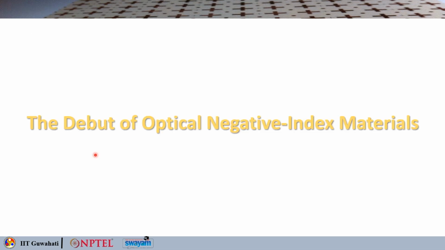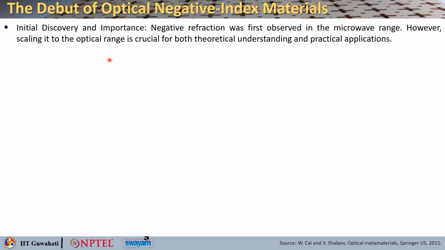So, let us first discuss the debut of optical negative index materials. Why is it important? Because we need to understand the initial discovery and the importance, right. So, negative refraction was first observed in the microwave range. However, scaling it to the optical range is crucial for both theoretical understanding and different practical applications.